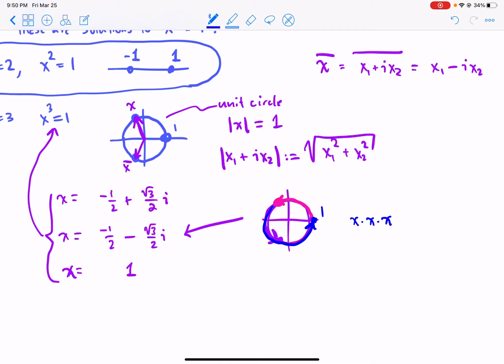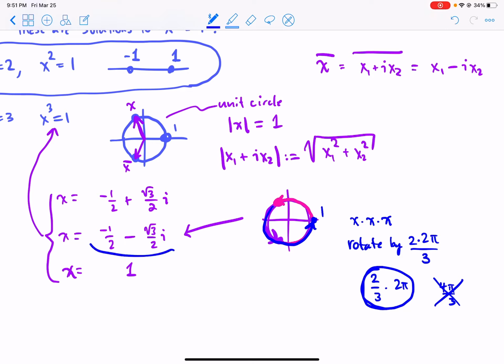So each time we rotate by some amount. For this one, we'd rotate by, well, not 2 pi, that'd be a whole rotation, but we just want 2/3 of 2 pi, which is 4 pi over 3, but it's easier to understand if you think 2/3 of a full rotation, and that's this number right here.